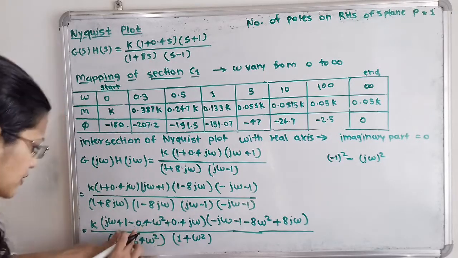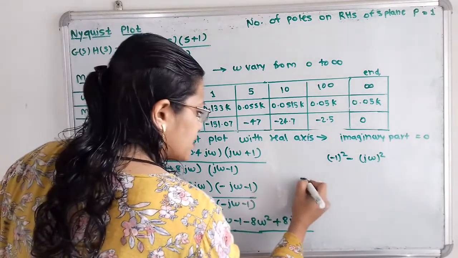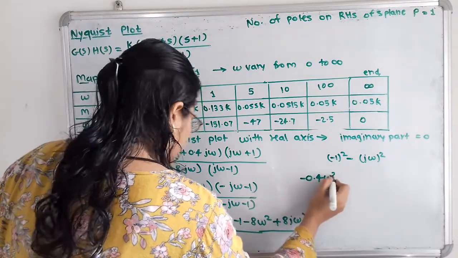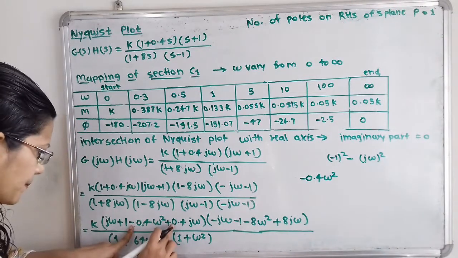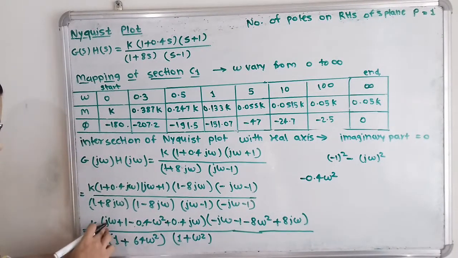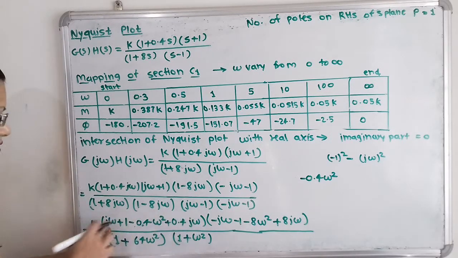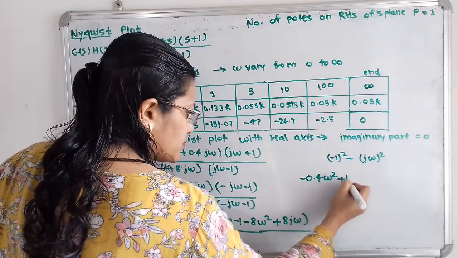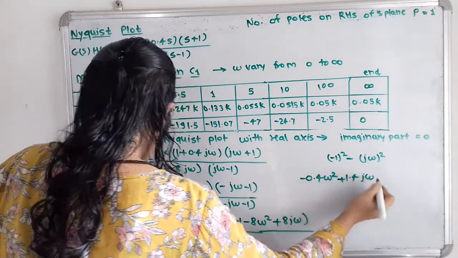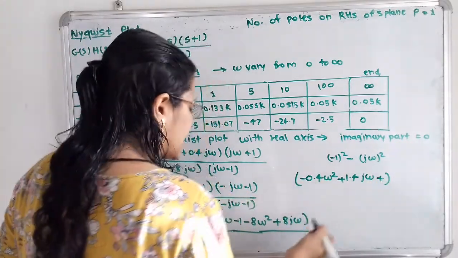So here minus 0.4 omega square, then plus 0.4 j omega plus 1 j omega, so here j omega plus 0.4 j omega. We can say that the coefficient is 1.4, so 1.4 j omega, and here is plus 1. So this is only simplification.